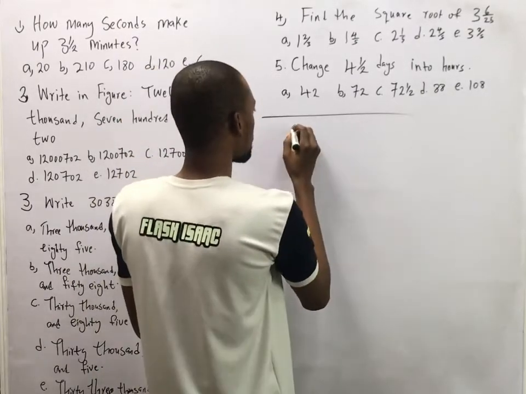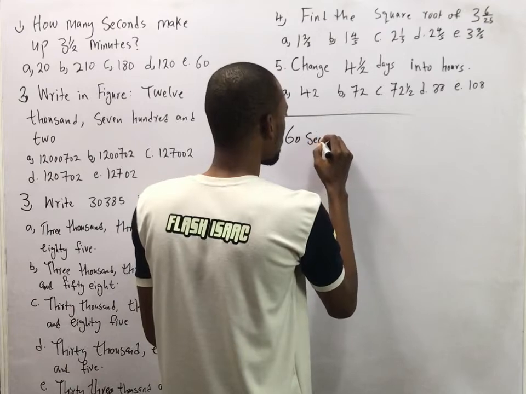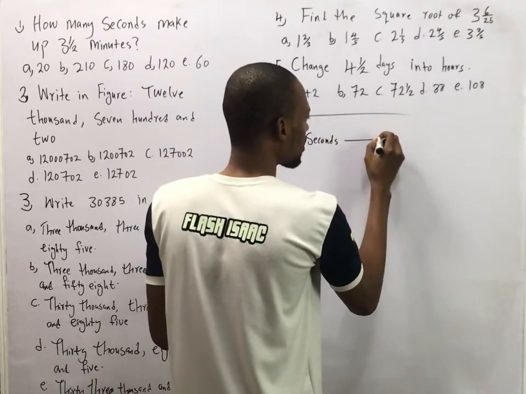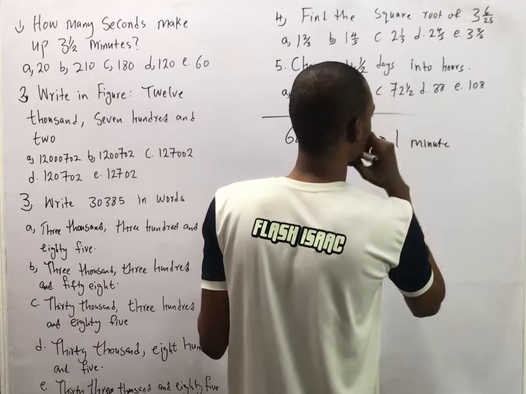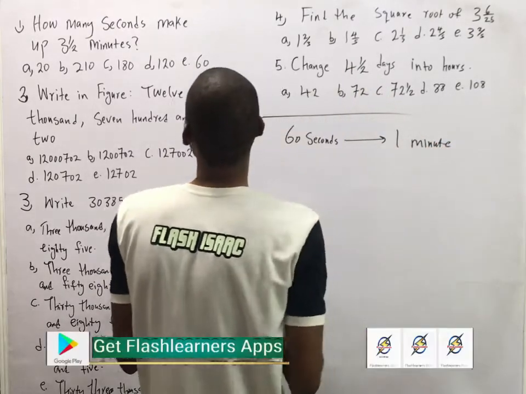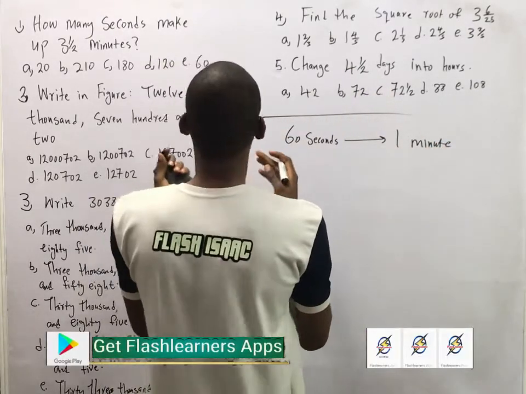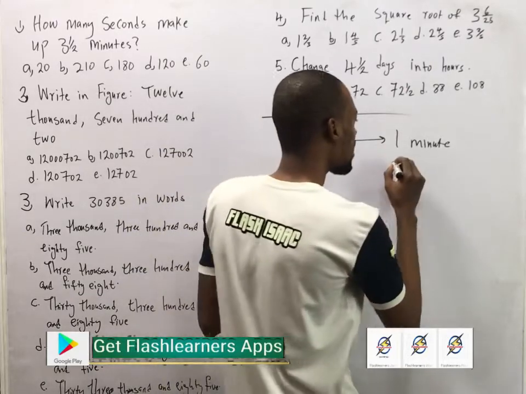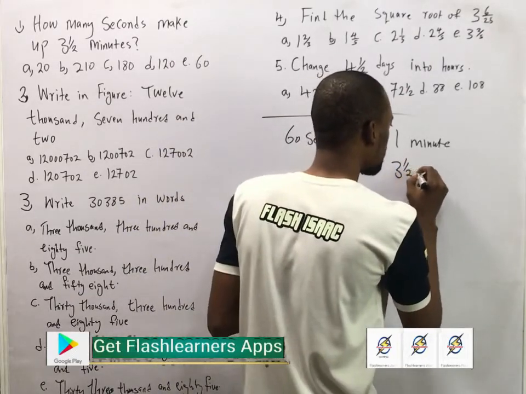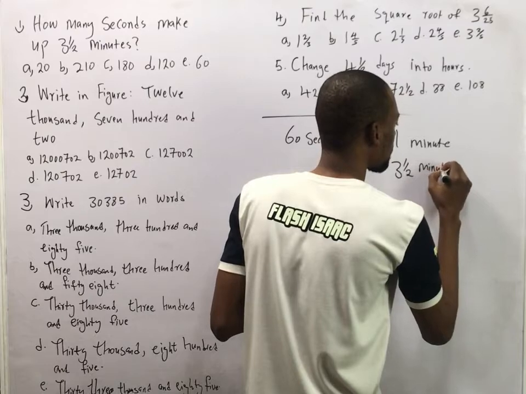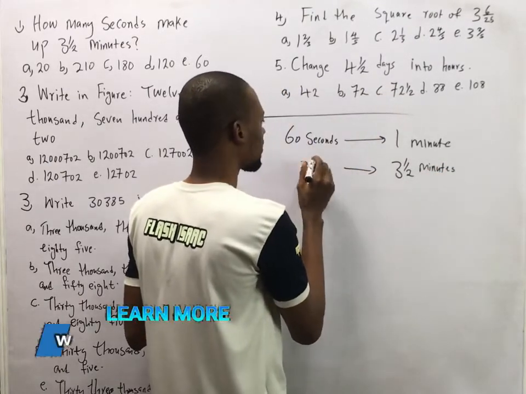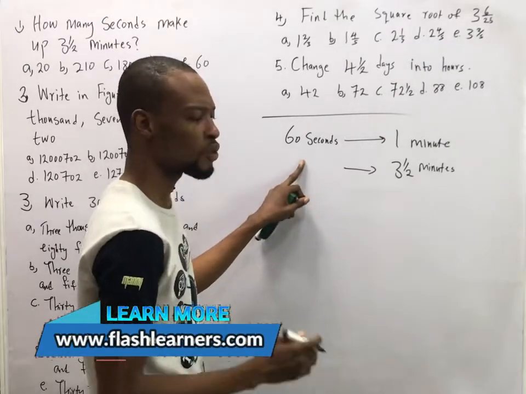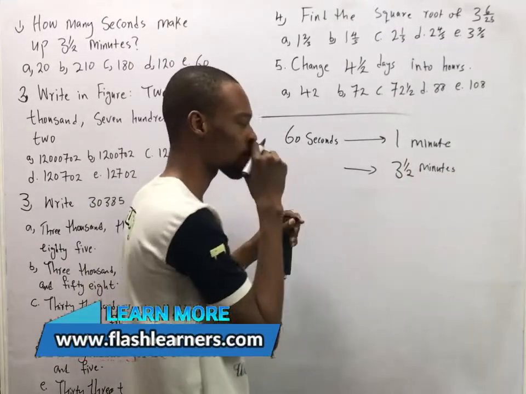So let's say 60 seconds makes 1 minute. Now the question says we have 3.5 minutes. How many seconds will that be to make 3.5 minutes?